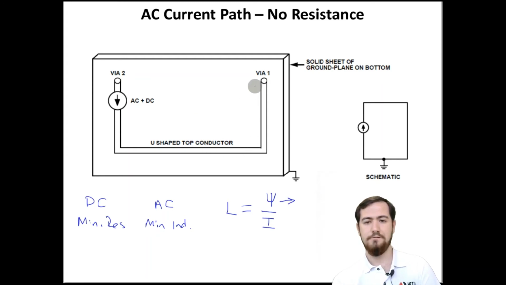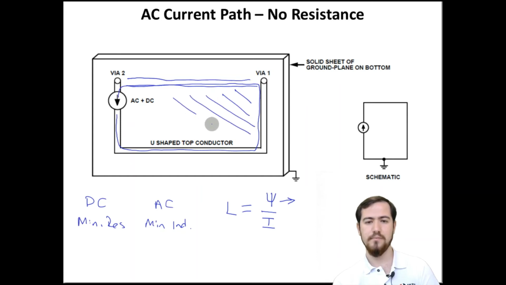If I put a current flow path such as this one, now the current comes through the top layer with this trace and returns back on the bottom layer with this trace. Now we are accumulating all the flux across this region.